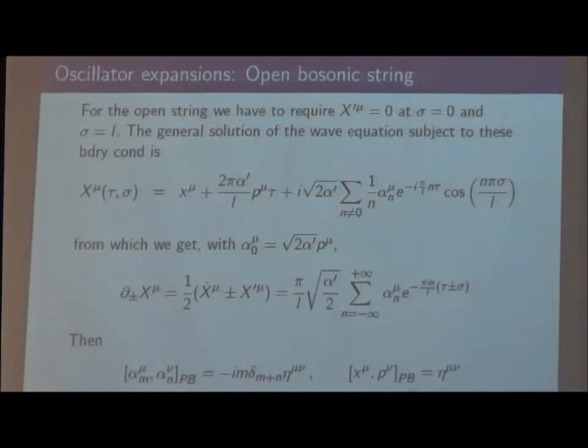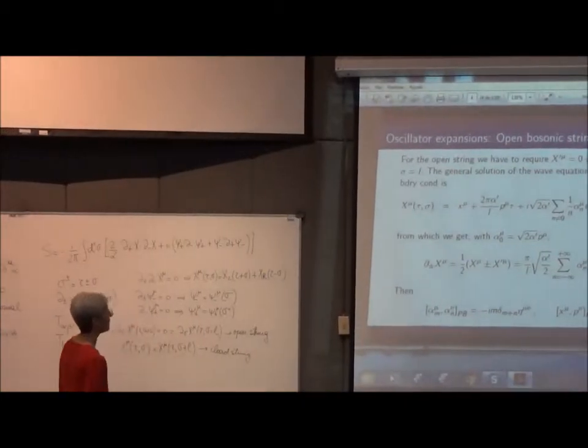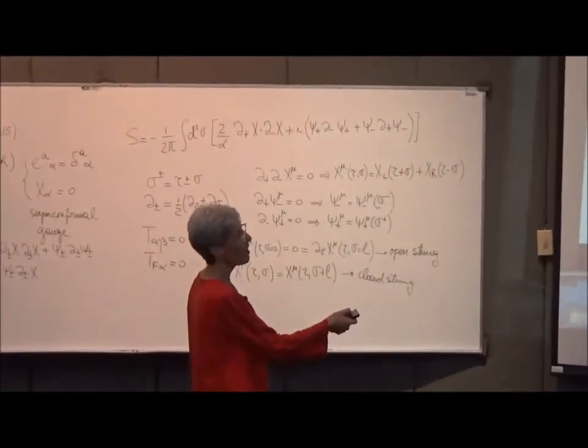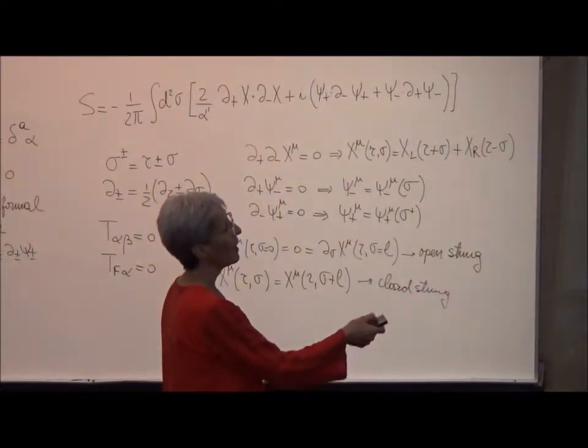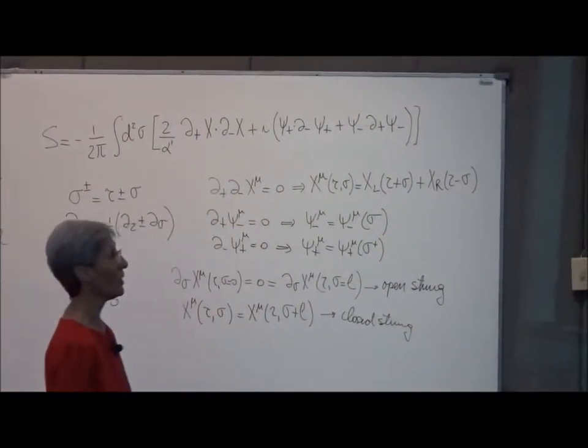That was for the closed string, and for the open string, the boundary conditions relate the right and left movers. For the open string, we need to impose this condition: the derivative of the field at 0 vanishes, and also the derivative at the other endpoint. There is only one set of oscillators, which I will call alpha mu, and the left and right movers combine the exponentials to give a cosine.